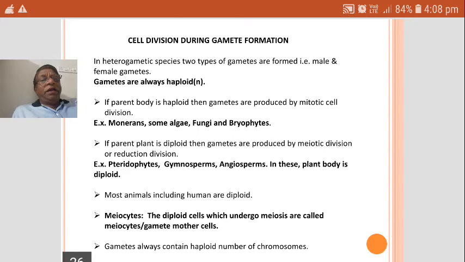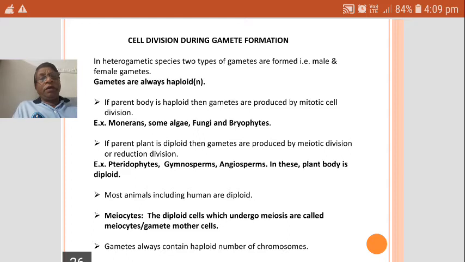Similarly, the ovum. So very important point. In plants like algae, fungi, bryophytes, during gamete formation, the mitotic division takes place. Okay.